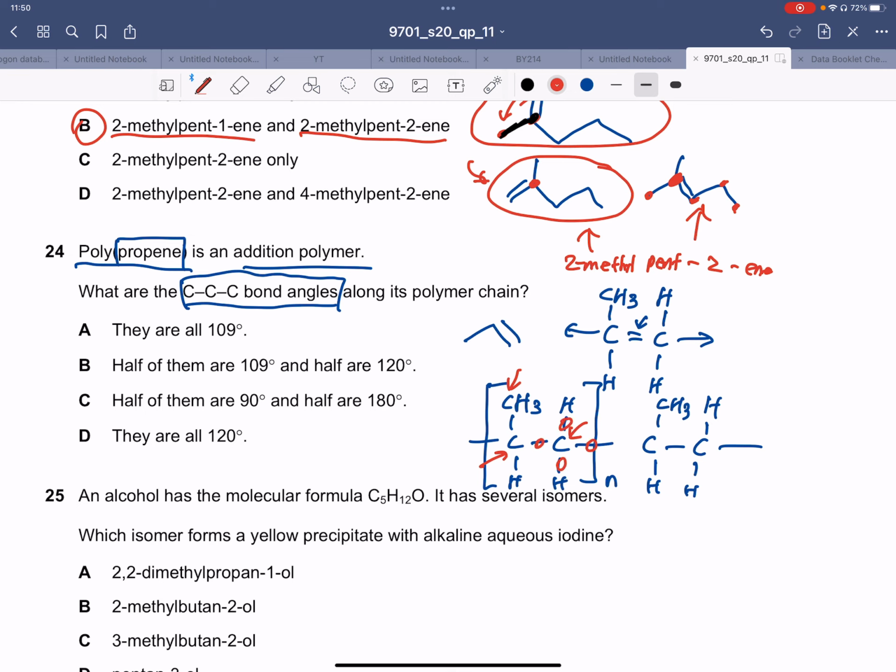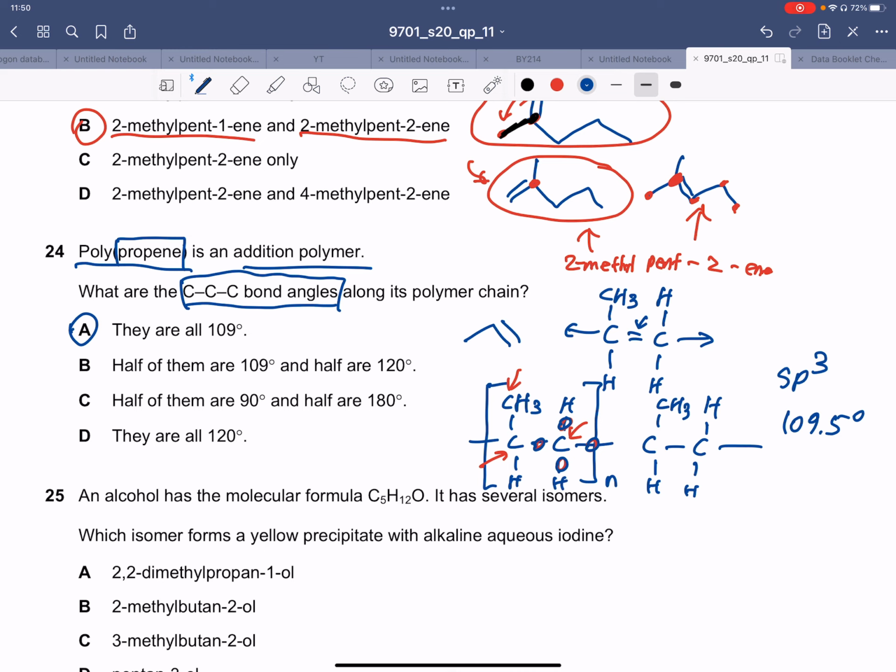So again, that is sp3, and sp3 means that it is tetrahedral. And a tetrahedral atom has 109.5 degree angles on all of its bonds, which means each of these carbon-carbon-carbon bonds will have a 109.5 degree angle, but again, you round, so it's 109.